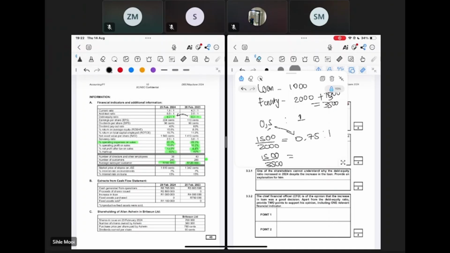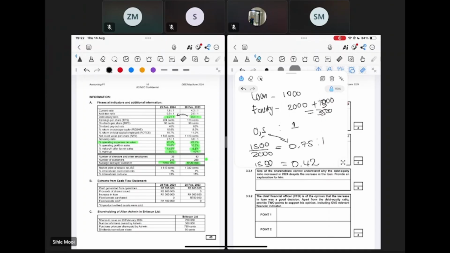So do you see? It went from 0.5 to 0.42, even though the loan also increased. So what could have done that? The equity had increased as well. That is what would have made our ratio decrease even if the loan has increased.